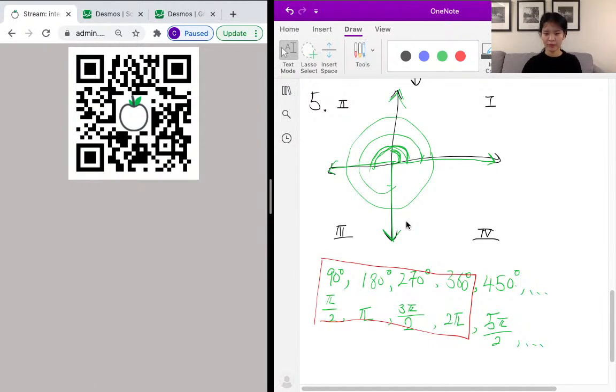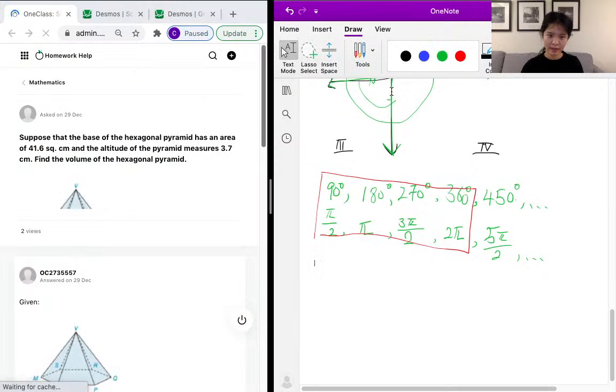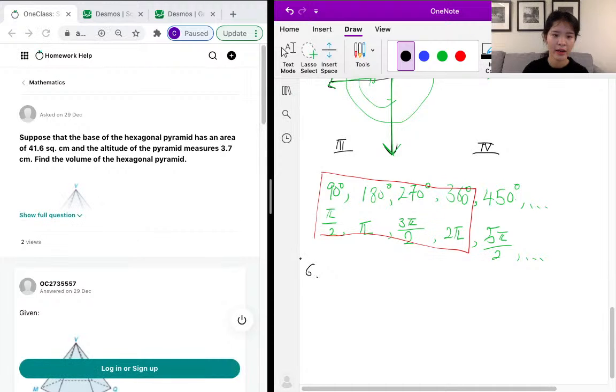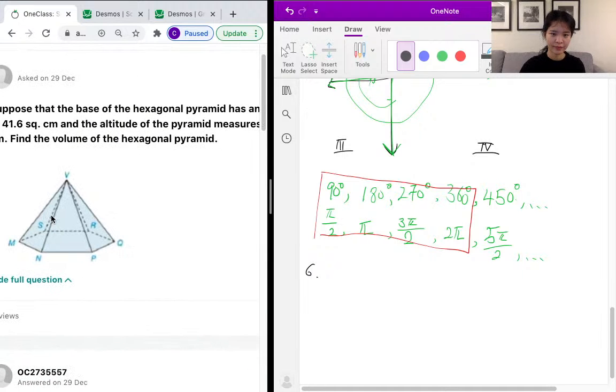Now, we're at our sixth problem over here. It actually asks us to find the area of a hexagonal pyramid. Did it give us a photo of the pyramid? Yes, that's perfect. Cool.